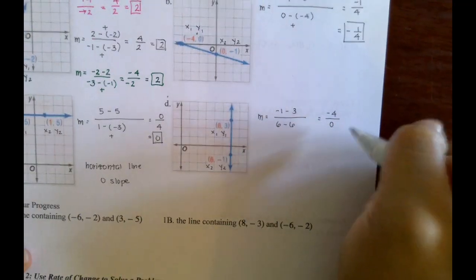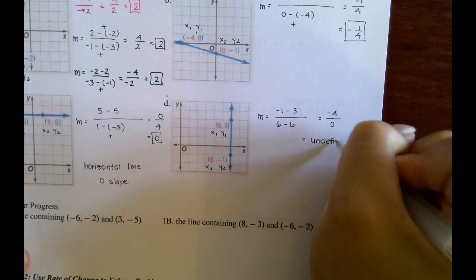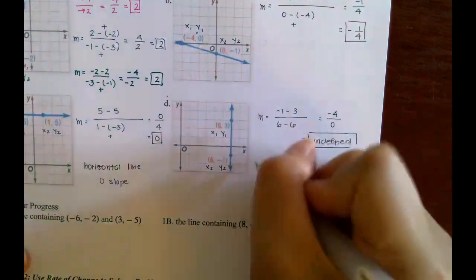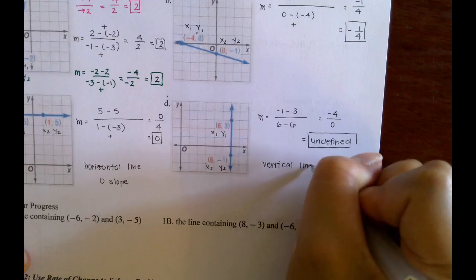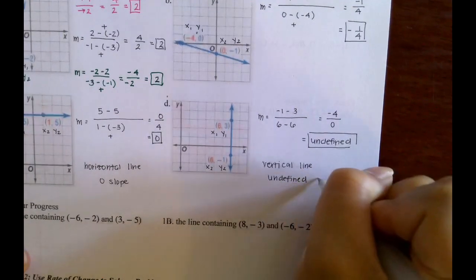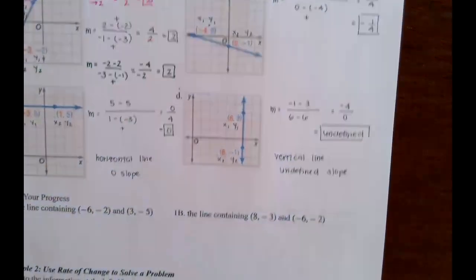Any number divided by 0 is undefined. And so what you'll see is that vertical lines always have undefined slopes, because you're moving up and down, but you're not moving right or left.